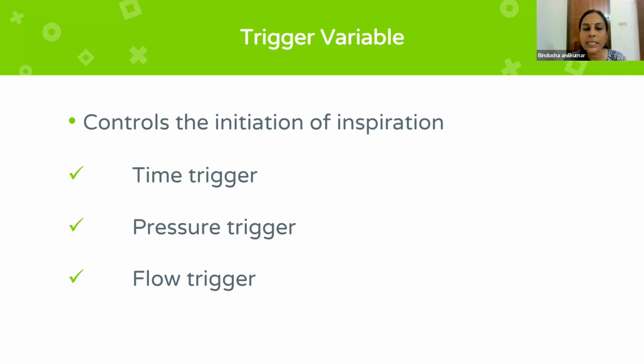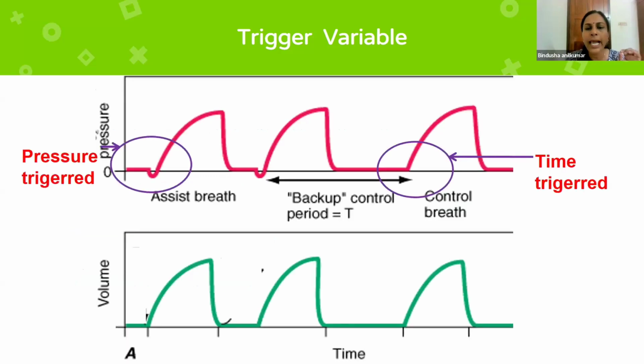This patient triggering can occur due to pressure triggering or flow triggering, which will vary depending upon your ventilator. In most of the modern ventilators, we are able to set either as a pressure trigger ventilator or a flow trigger ventilator. And flow triggering is more sensitive than pressure triggering. So we'll see what happens when the pressure triggering occurs.